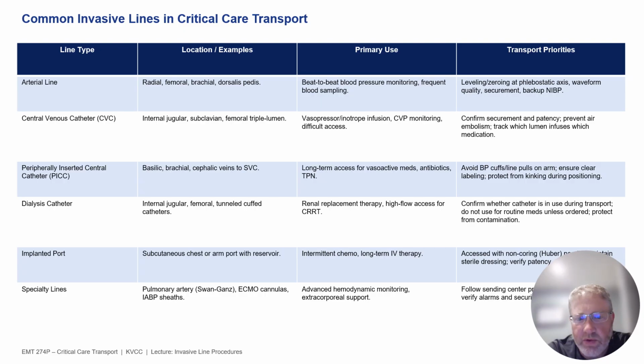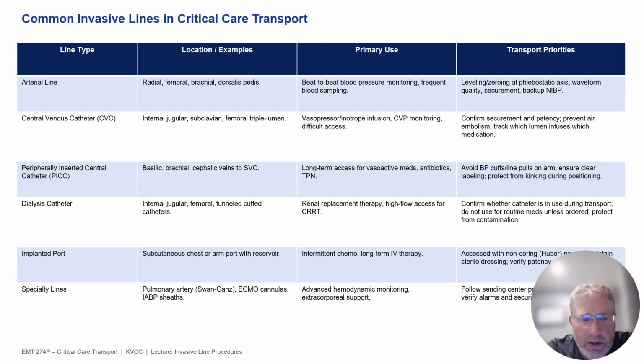Those are great for giving vasopressor or inotrope infusions, obviously for CVP monitoring, and also for difficult access patients. Priorities for CVCs are confirming that they're secure and that they are patent. Preventing air emboli is a huge thing to look out for, and tracking which lumen infuses which medication. Tracing lines, always important.